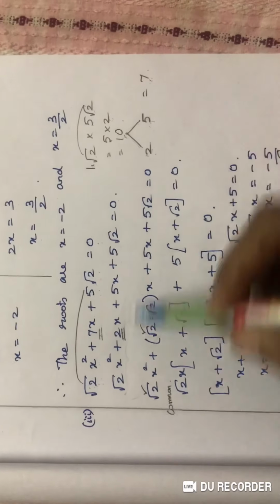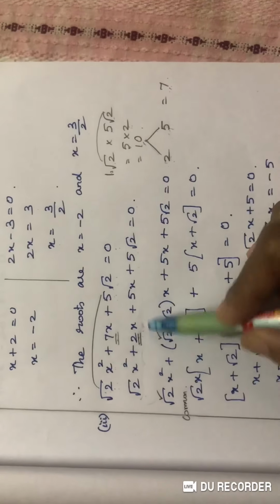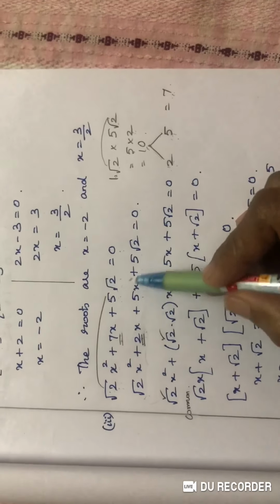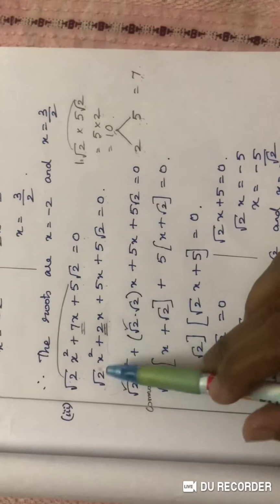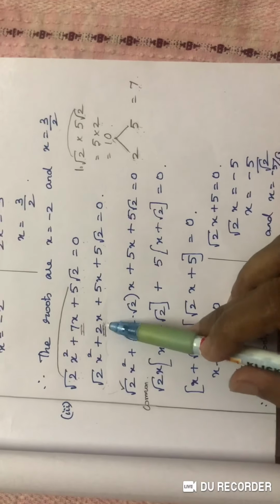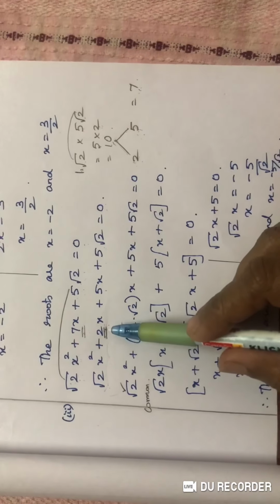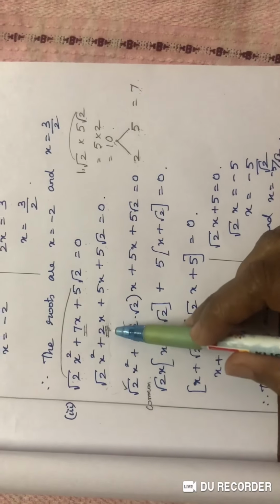So, just split and write root 2 x square plus 2x plus 5x plus 5 root 2 equal to 0. Now, here first two terms when I am taking, I am not able to take the common terms. Only common term is x. So, what I am going to do, this 2 I am going to split in terms of root 2.